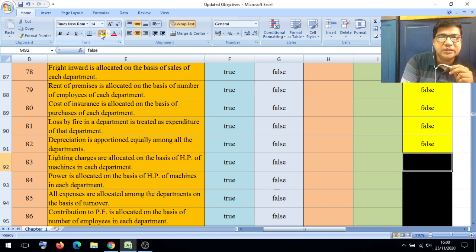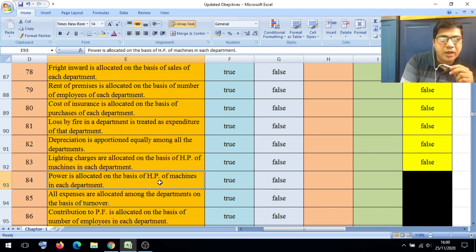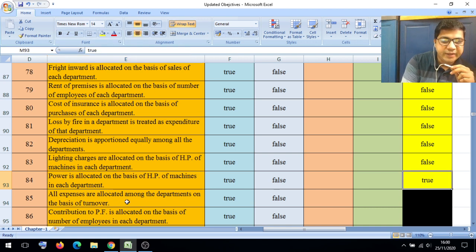The answer is false. Power is allocated on the basis of the hire purchase of the machinery in each department. Answer is true. All expenses are allocated among the departments on the basis of turnover. Answer is false.